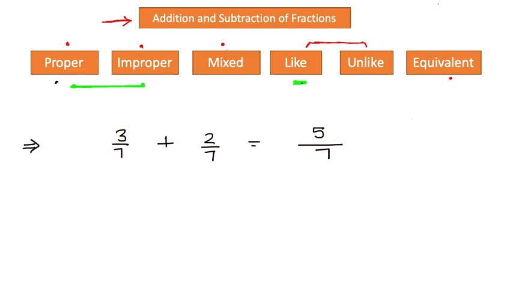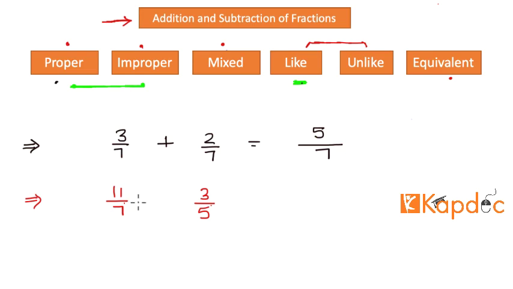But let's say my other case is that I have a fraction 11/7. It's improper, and my other fraction is 3/5. Okay, two very different fractions. They do not have the same denominator. In this case, I would like to convert both of them to like fractions, right? And how do you do that?